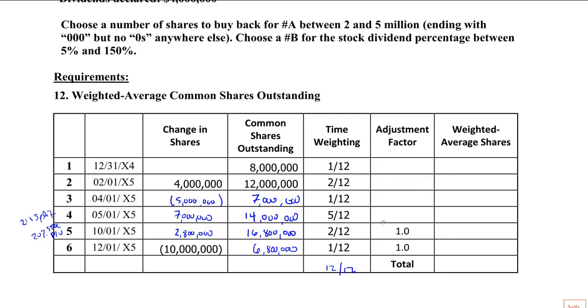Now, here we have our stock dividend adjustment factor. So we multiply everything here by 1.2. And here is our stock split. And just because you have a number there, don't get scared. It says multiply, multiply. All right.